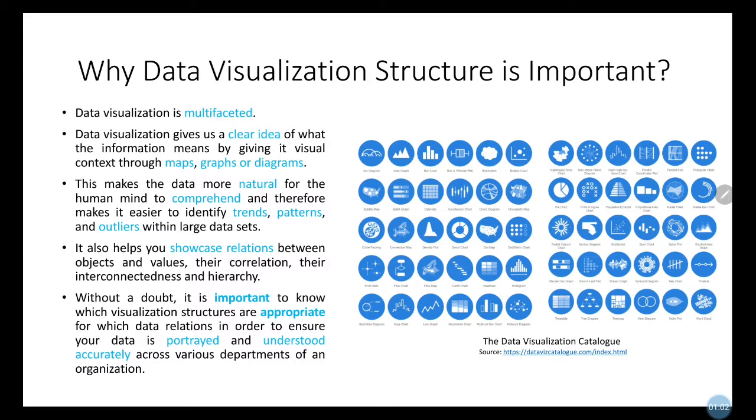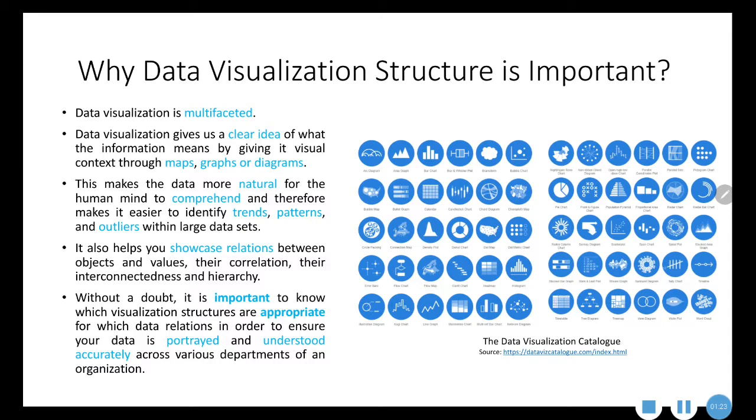Before we go further, we have to understand first why data visualization structure is very important. As we know, data visualization is multifaceted. It means it has many sides, where the data has different aspects or features that we can visualize.